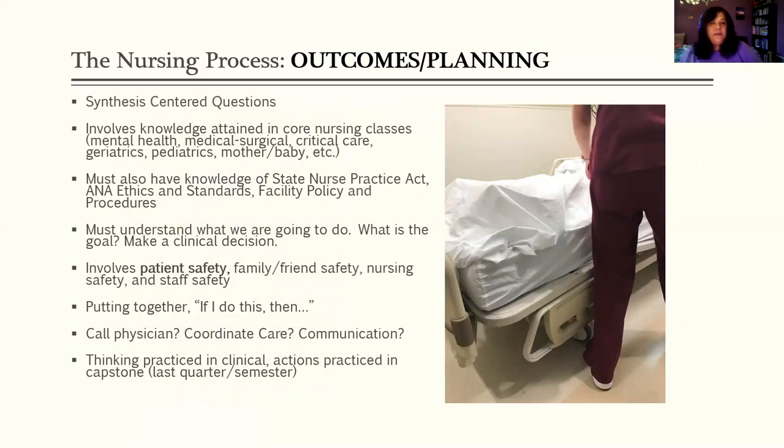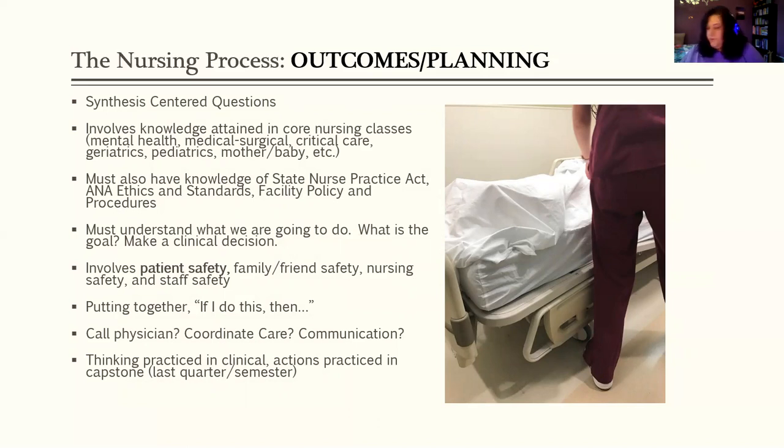Outcome and planning. Well, if you see those questions, they're going to be synthesis level questions. So now we're at a higher level of thinking, we better start putting things together. This involves knowledge, and it's usually a higher level knowledge that you attain in your core level nursing classes like mental health, medical surgical, critical care, geriatrics, peds, mother baby.